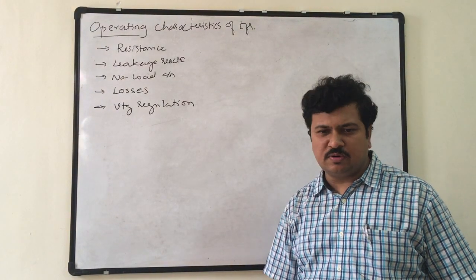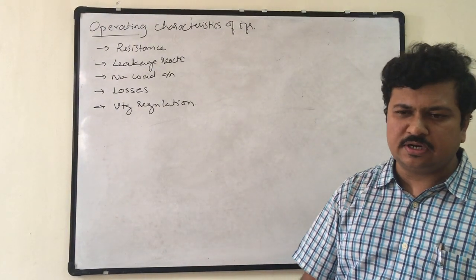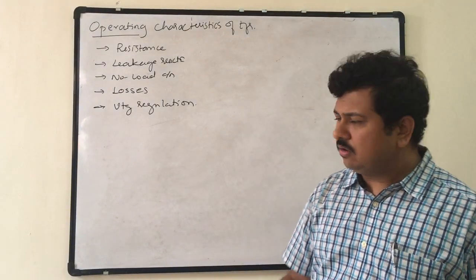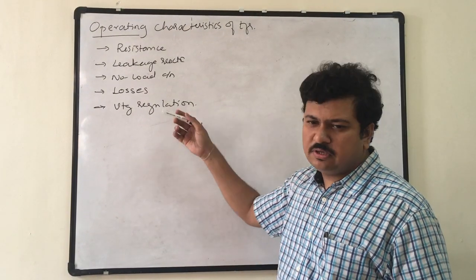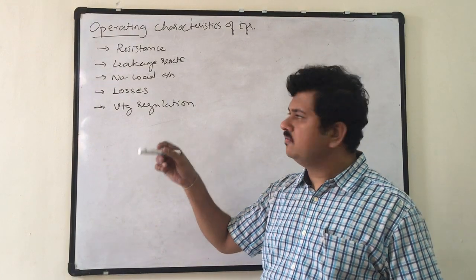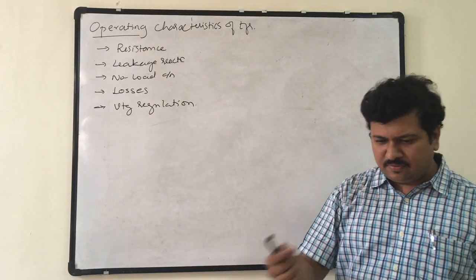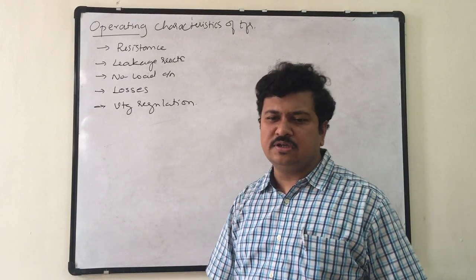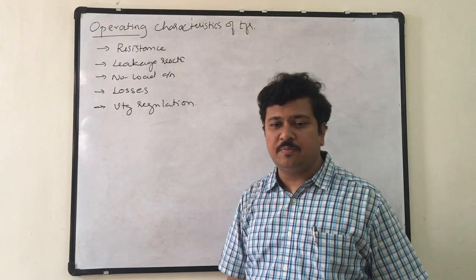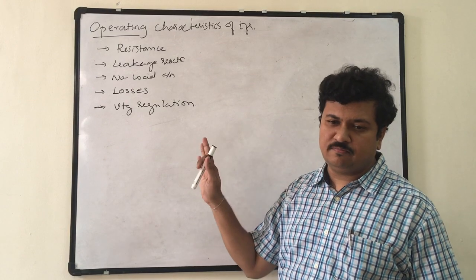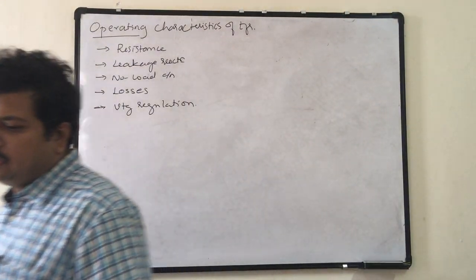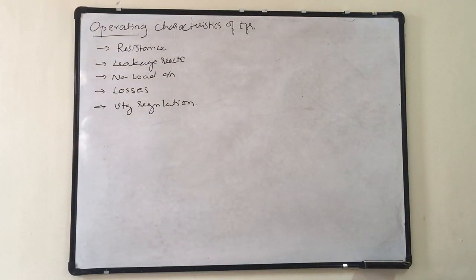The test results I get have to be verified with the standard values. So during the design itself I should be finding all these operating characteristics, and after fabrication of the machine I will be cross checking whether the designed operating characteristics are met or not.